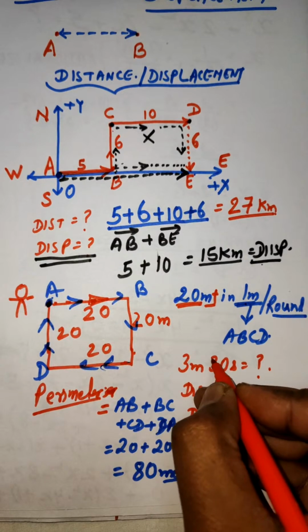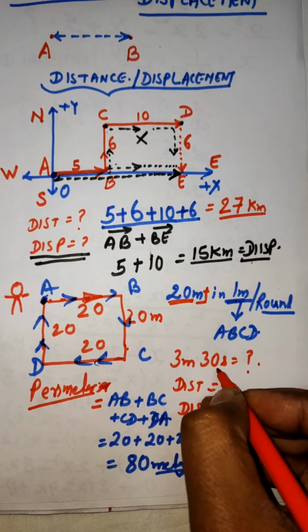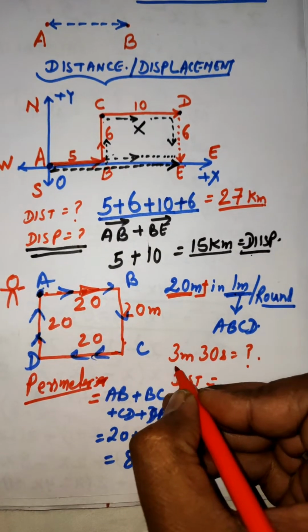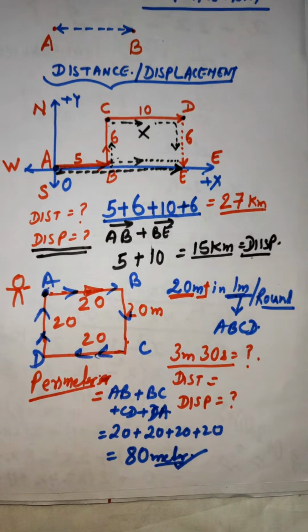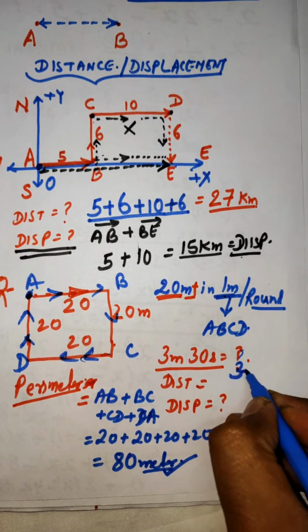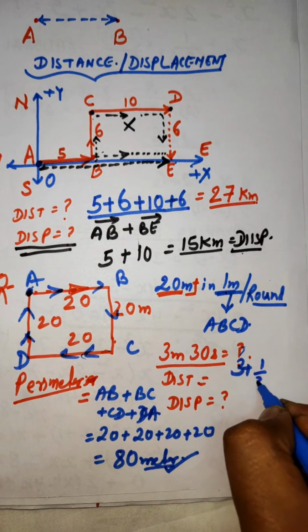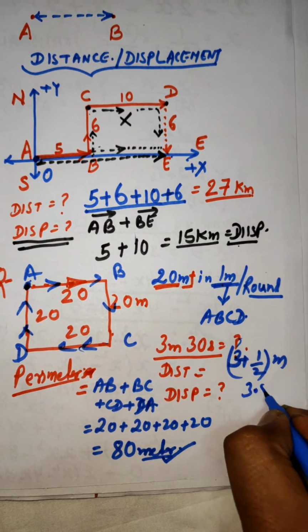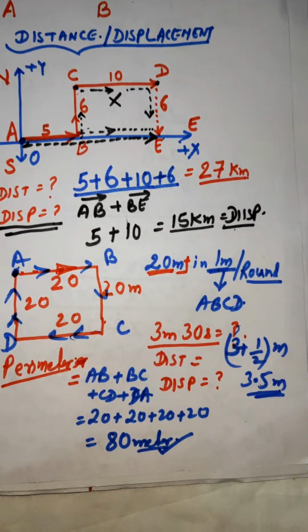30 seconds can be said as 1 minute divided by 2. So if you are converting 3 minutes 30 seconds, can't we say that this will be 3 plus half minute, or 3.5 minutes, isn't it?